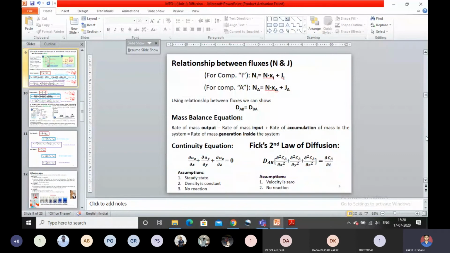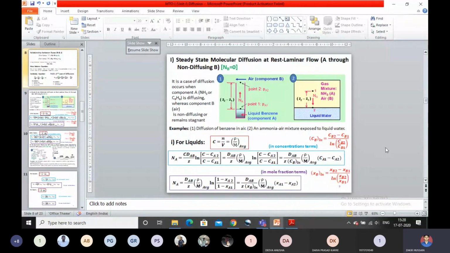Okay, you see here, this is the equation: XA1 minus XA2 over XB ln.